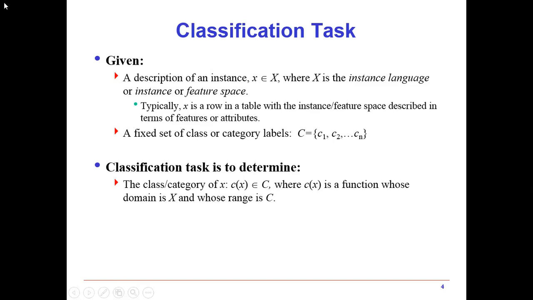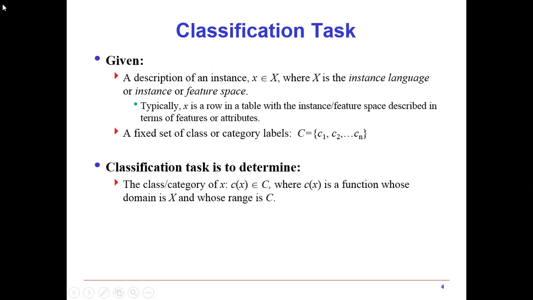Okay. So if you look at the data set, we have certain rows. For each single row, you have to find out a class label, and that class label is represented by c(x). And this c(x) will be an element of capital C. That c(x) will be either C1, C2 or Cn.